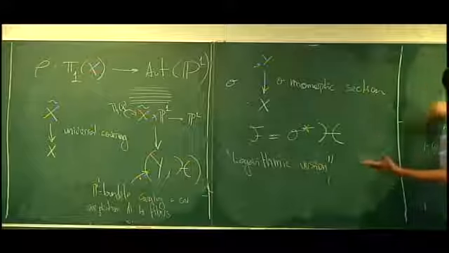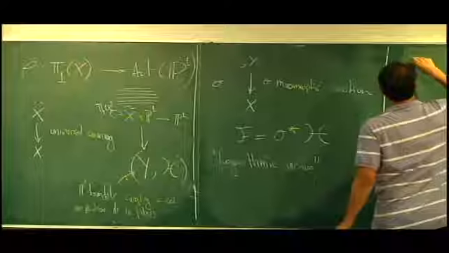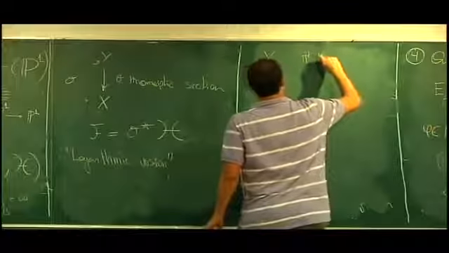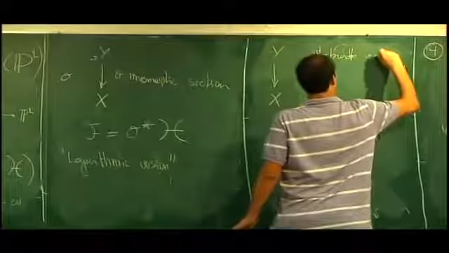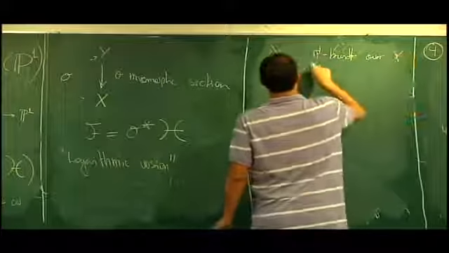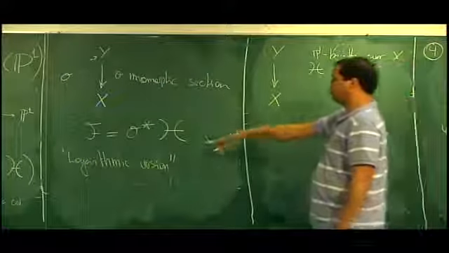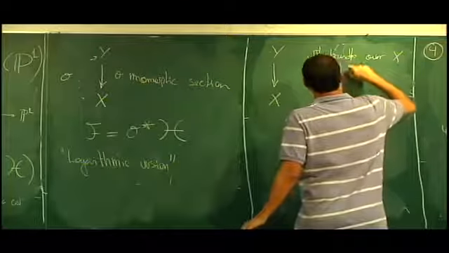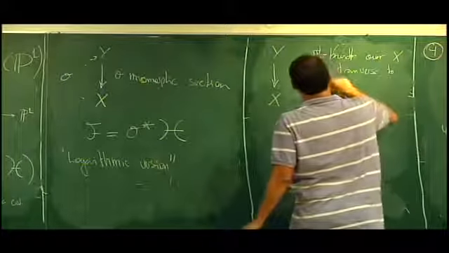So this, at the end, will give Y, a P1 bundle over X, and now H, the horizontal foliation, will be no longer everywhere transversal to the fibration as here, but will be transverse to the generic fiber.